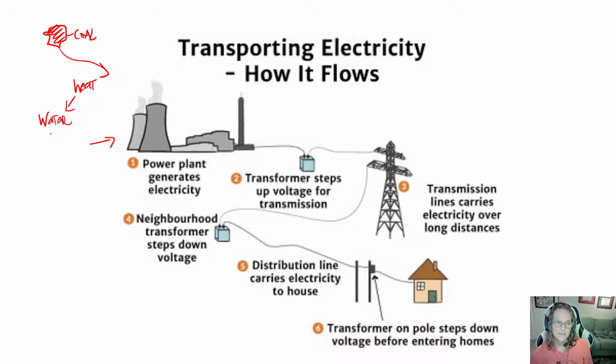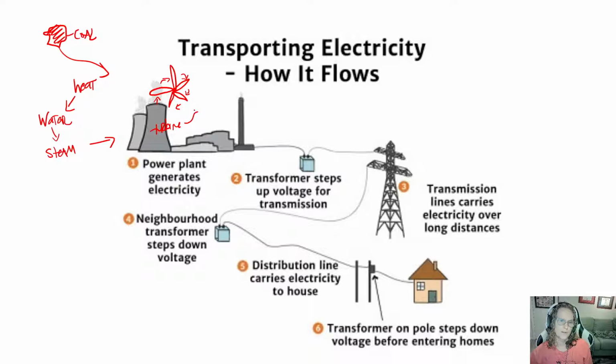And when water heats, what does it do? It boils and it becomes steam, a gas, right? And that steam then goes into a turbine, which is like a big blade that spins. So the steam is pushing this turbine to start it spinning.